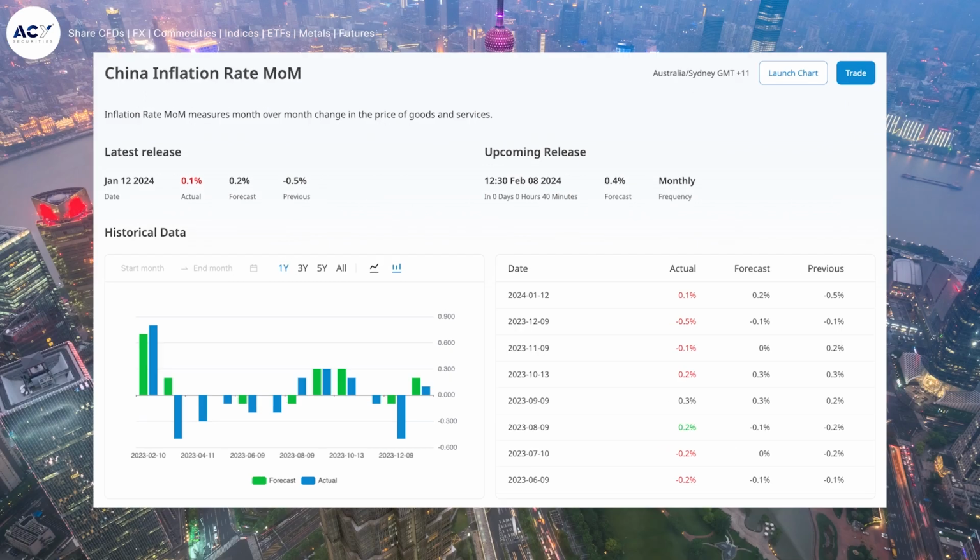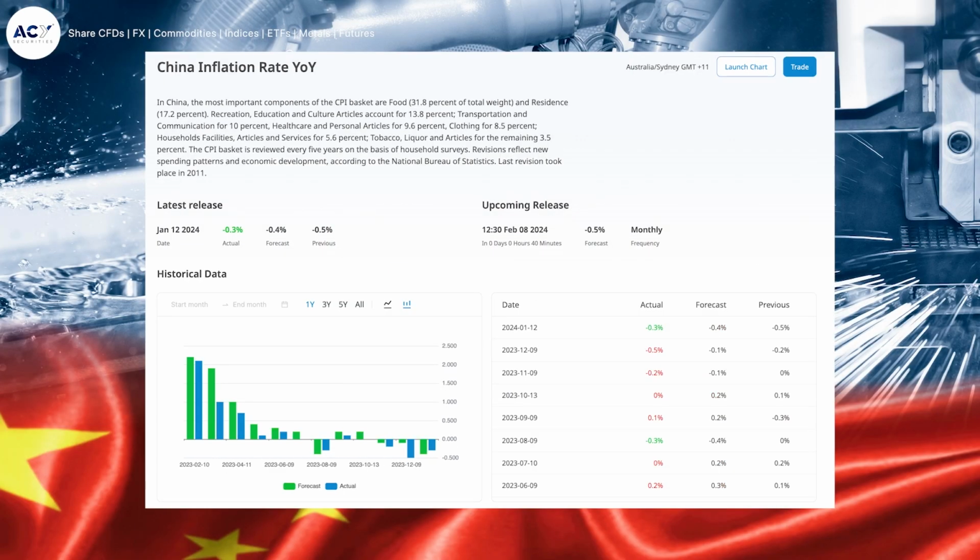So that's a pretty interesting sort of data, because most of the time what happens is the PPI comes higher, and the CPI comes higher as well. We did have CPI for January, and we did have PPI for January as well, year over year.